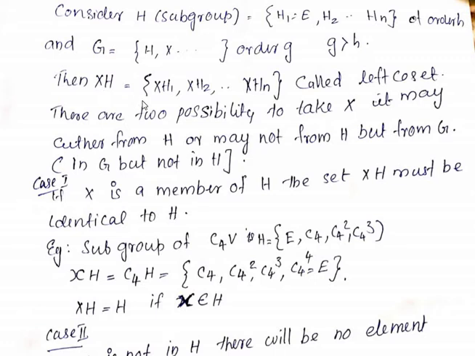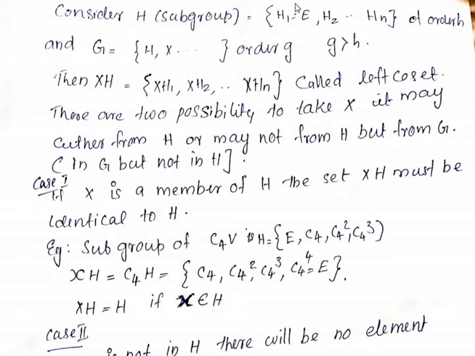So when we multiply x with h, you will get x h1, which is nothing but x itself because h1 is e, the unitary element. So x into e gives you x itself. So this is x, x h2, and so on up to x h h. So this is called the left coset.